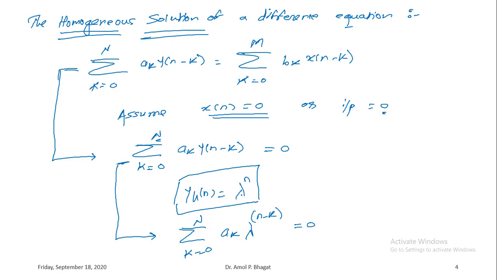So this yh of n is equals to lambda to the power n is nothing but the form of the solution of the homogeneous equation, or the generalized form of the homogeneous solution. We get this equation after substituting lambda to the power n in the given difference equation. I'll rewrite this equation here: summation k is equals to 0 to N a k lambda to the power n minus k is equals to 0.